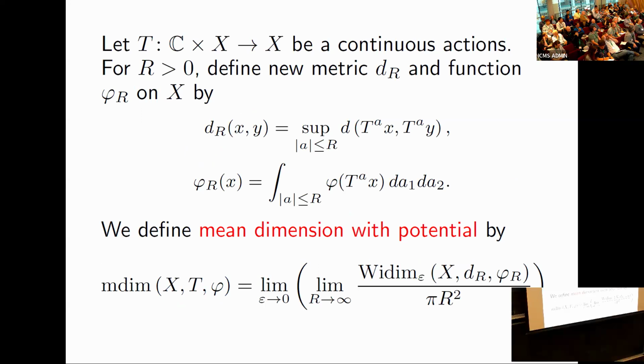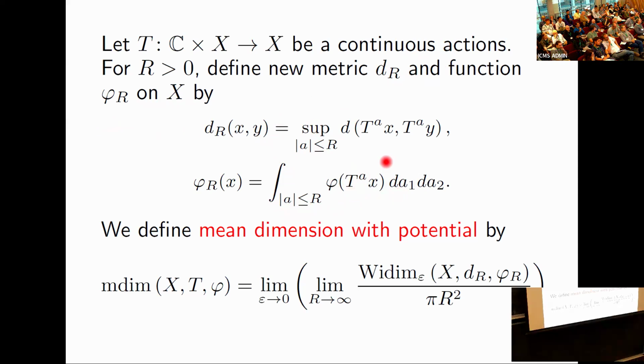Okay, so now we assume that there is a continuous action T on X. So X is a compact metric space, and let T be a continuous action on X. Then for any positive number R, we define a new metric d_R and a new function phi_R on X by these two formulas. So d_R is just the Bowen metric, and phi_R is the integral of phi over the orbit of the point x.